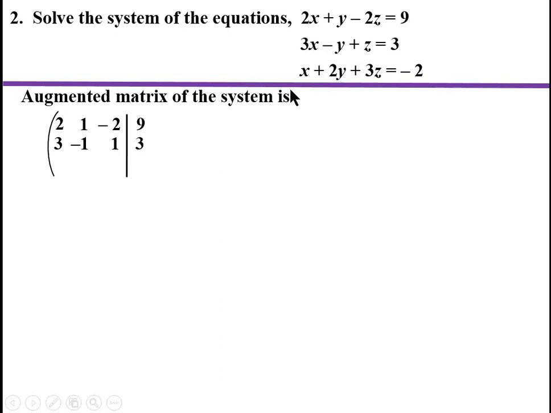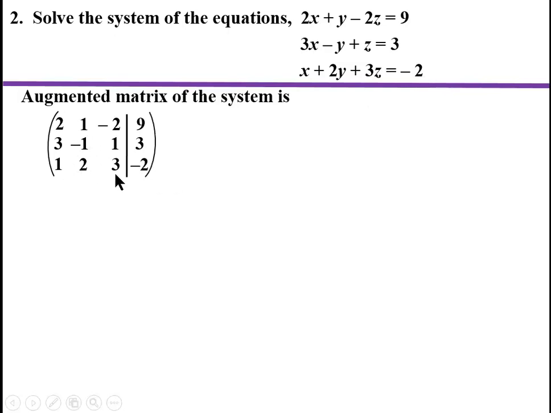So the last row, which is the third row, is the collection of the coefficients of the variables in the third equation and the constant. So the coefficient of x here is 1, coefficient of y is 2, coefficient of z is 3, and the constant is negative 2.